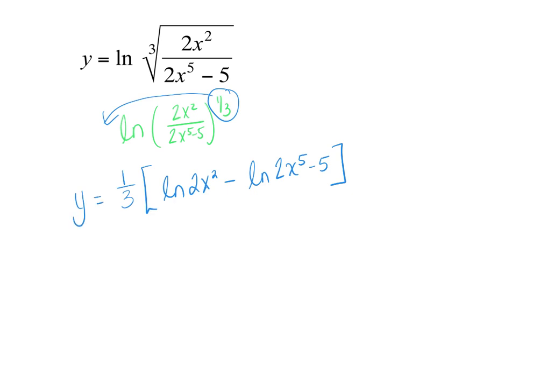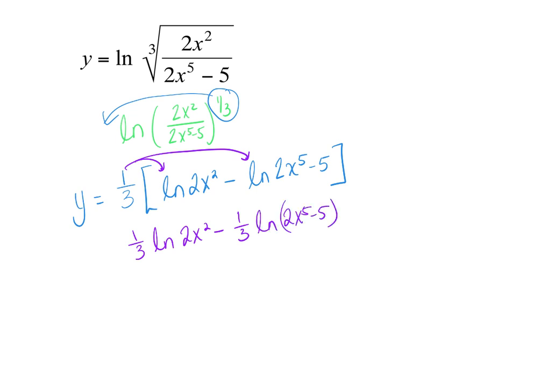And at this point, we can take the derivative. You can distribute that 1/3 if you want to right now. So you could go ahead and put that 1/3 through to each of these: 1/3 natural log of 2x squared minus 1/3 natural log of 2x to the 5th minus 5. And then you can take those derivatives individually.